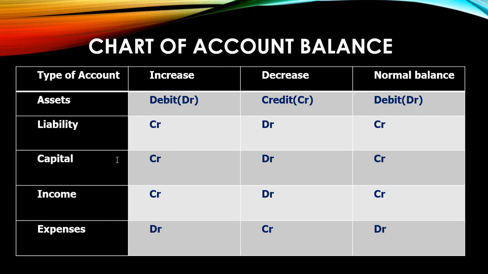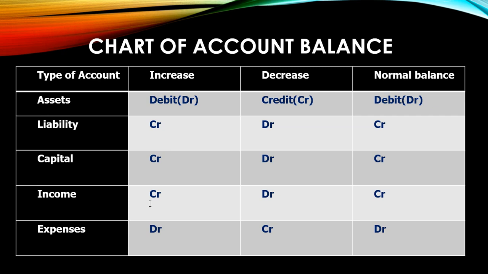The capital account increases, you credit, and if it reduces, you debit. Eventually, you'll find that at the end, the balance in the ledger accounts is a credit normal balance. Then incomes or revenue have credits.